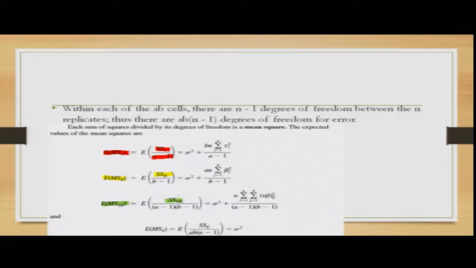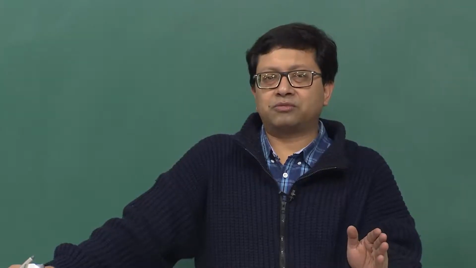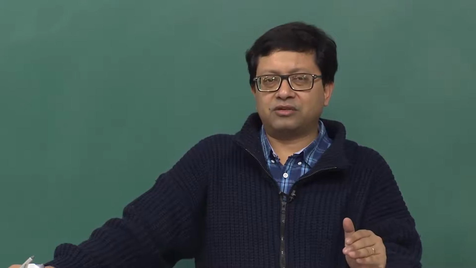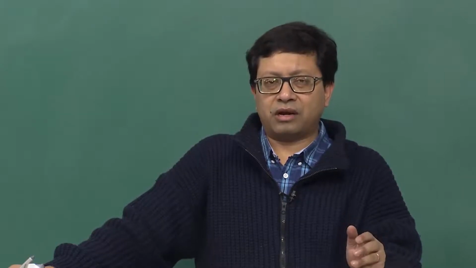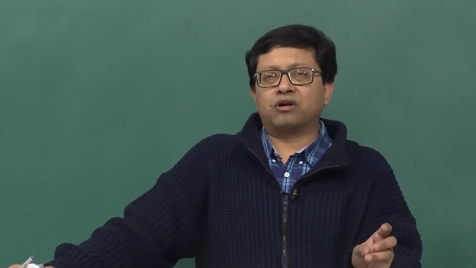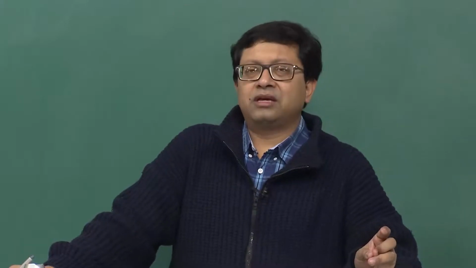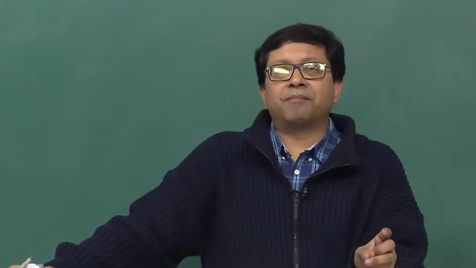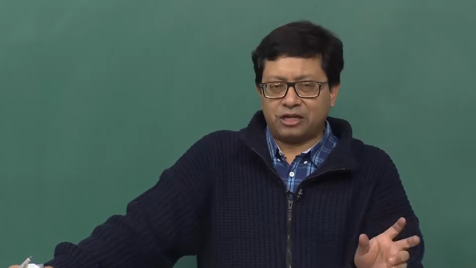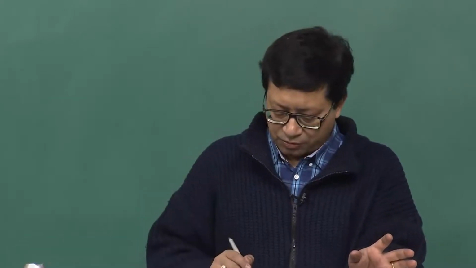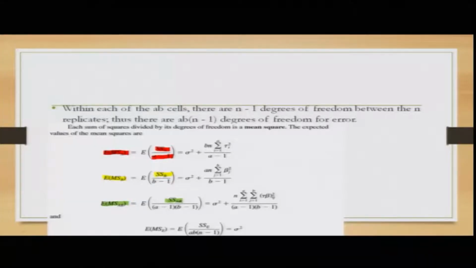Along the rows that would be a minus 1, because you are losing 1 degree of freedom, and along the columns it would be small b minus 1. So, the degrees of freedom for both of them, and to find the expected value, you divide by the term a minus 1 into b minus 1, as pointed out where I am hovering my pen.